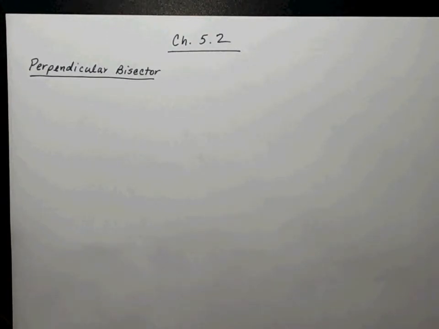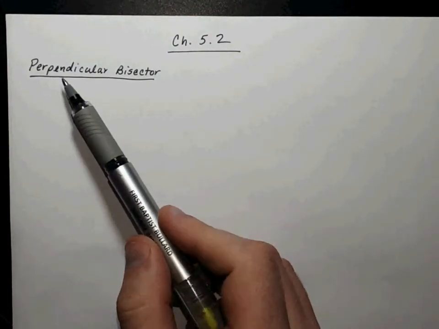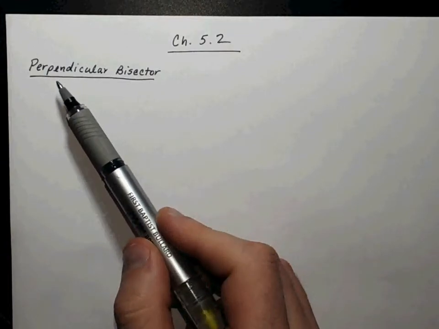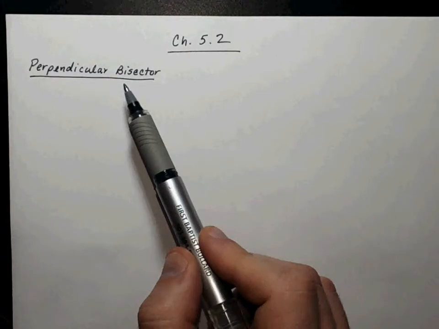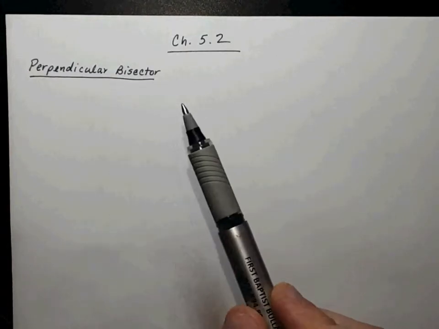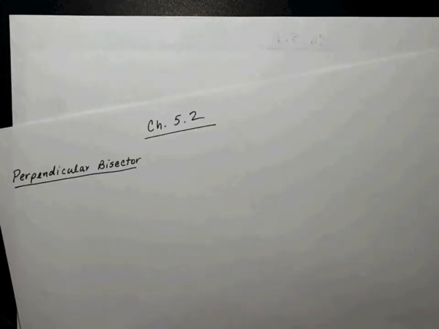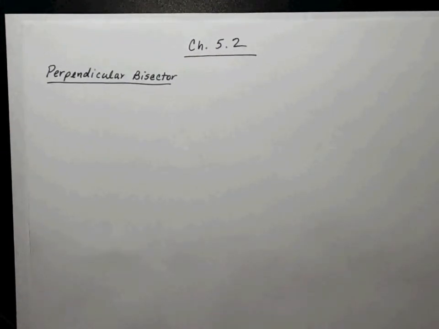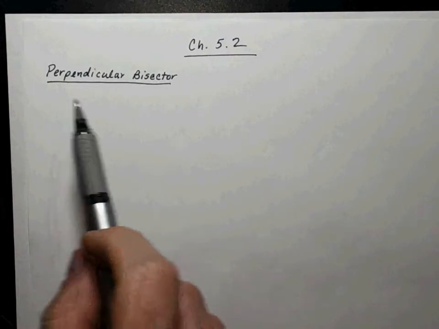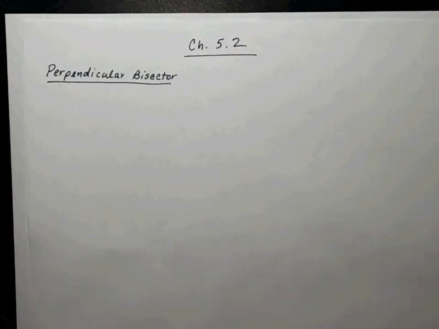We know that perpendicular forms a right angle, and a bisector cuts something in half. If we have a segment bisector, it cuts a segment into two congruent segments. So we're going to put those two things together to make a perpendicular bisector.